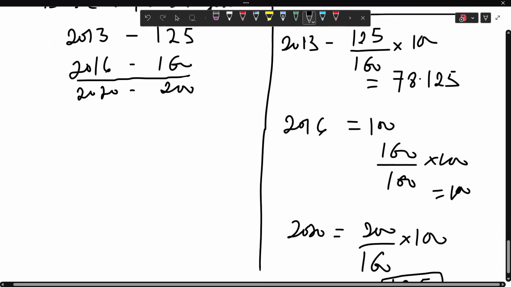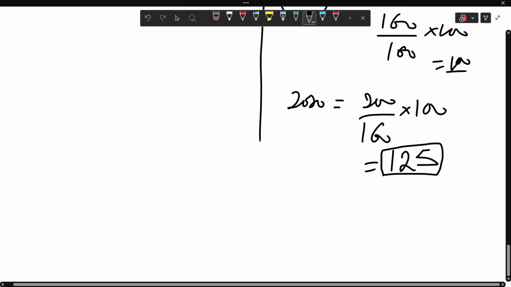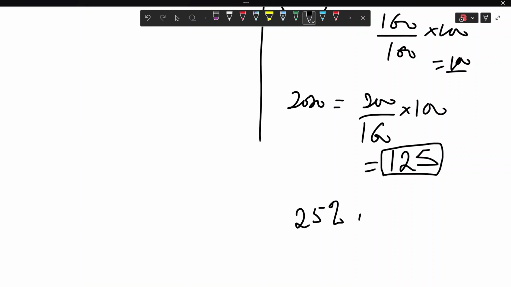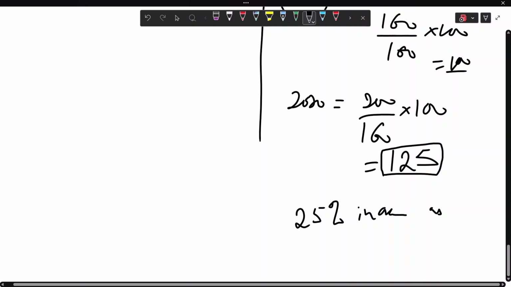Since the new base is now 2016 and it's 100, and for 2020 we are getting 125, we can say that in 2020 we have a 25% increase in prices as compared to 2016.